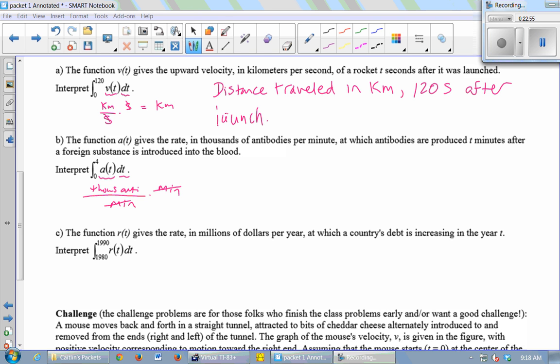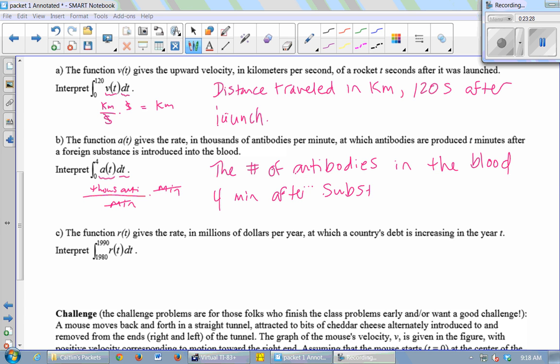So t equals 0 is when the substance was introduced. So 4 minutes later, we can count how many antibodies are in the blood. So this is the number of antibodies in the blood 4 minutes after the substance is introduced.